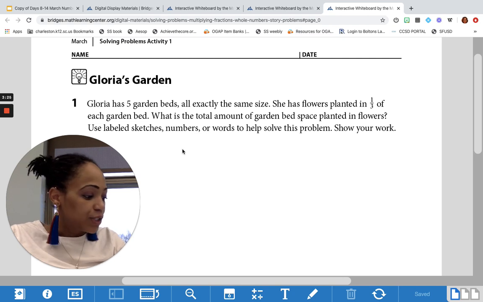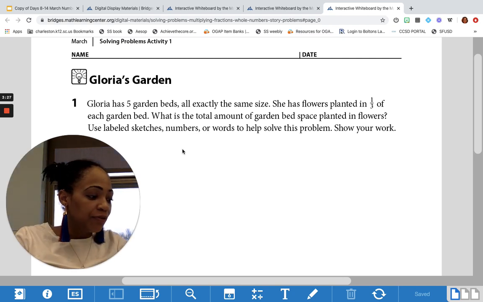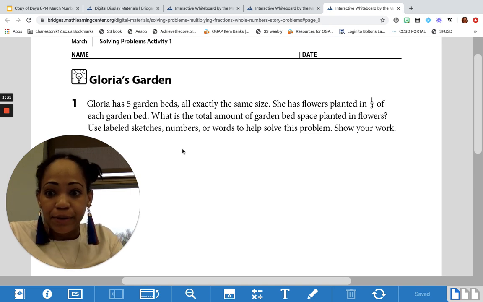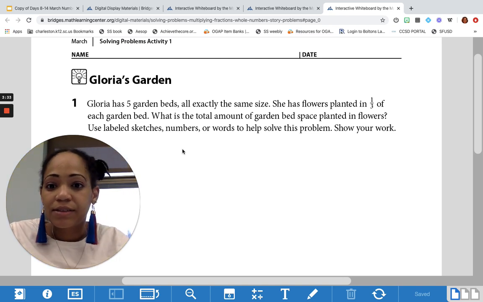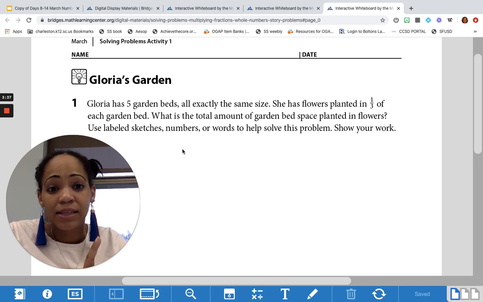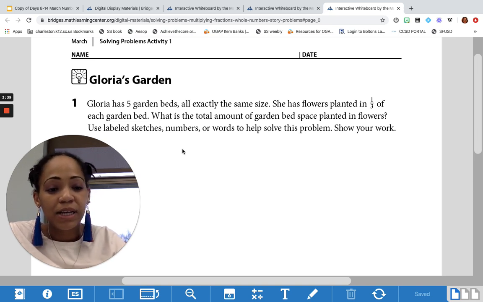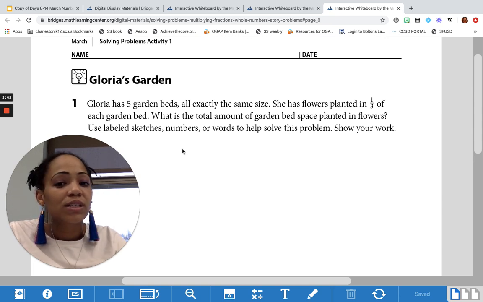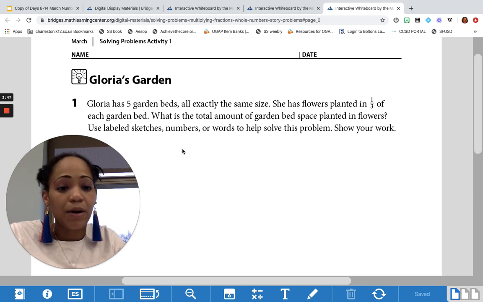Awesome. So let's look at the very first problem, and I'm going to read it aloud for you. Gloria has 5 garden beds, all exactly the same size. She has flowers planted in 1/3 of each garden bed. What is the total amount of garden bed space planted in flowers?